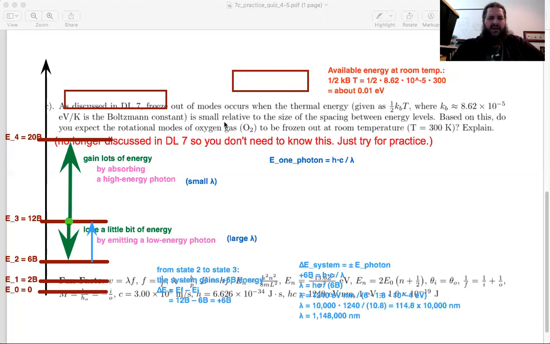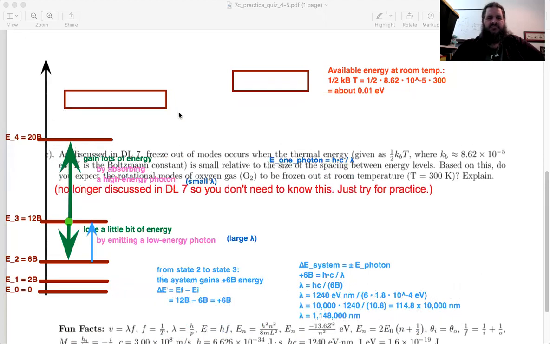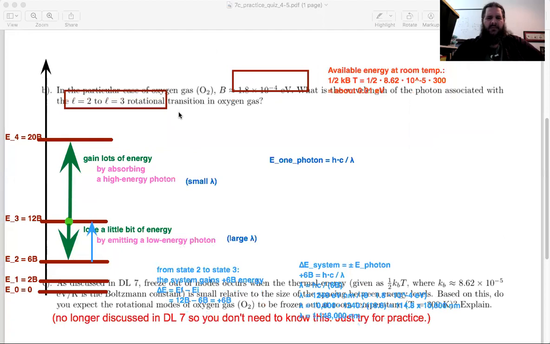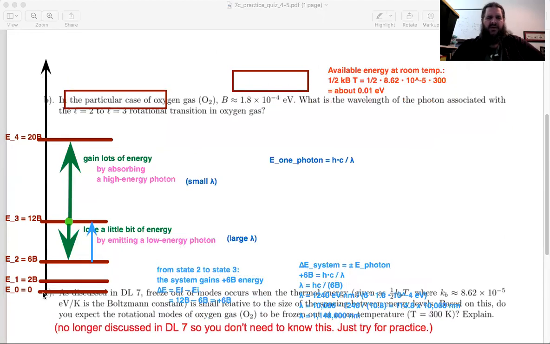How does that compare to the energy that's needed to bump the oxygen atom up to the next level? If you're going from the very lowest energy state, zero energy, up to the very first excited state, how much energy is that?